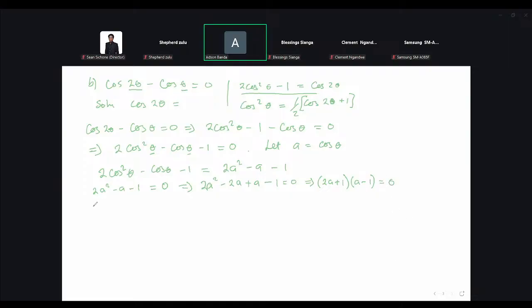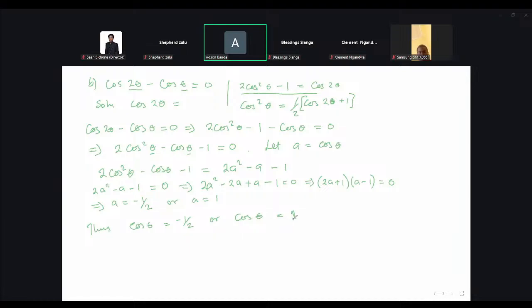This implies that a is equal to -1/2, or a is equal to 1. Right, so if we substitute back what a was, what we must have now is that the cosine of theta is equal to -1/2, or the cosine of theta is equal to 1.